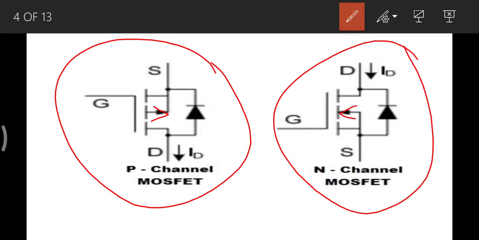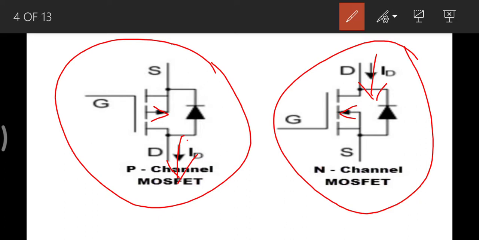See here, in the P channel MOSFET, current is flowing outside from the drain, but in the N channel MOSFET, current is flowing towards the MOSFET from the drain. In the P channel it is away from the MOSFET. These are the two basic things we have to identify in the symbols.